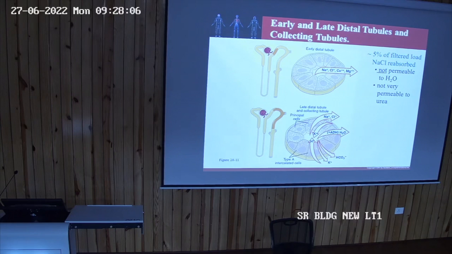Okay, you have to remember these values. They may come in your MCQs. So 65% is reabsorbed in the PCT, 25% in the ascending segment of the loop of Henle, and of the remaining 10%, 5% is reabsorbed in the early distal convoluted tubule.